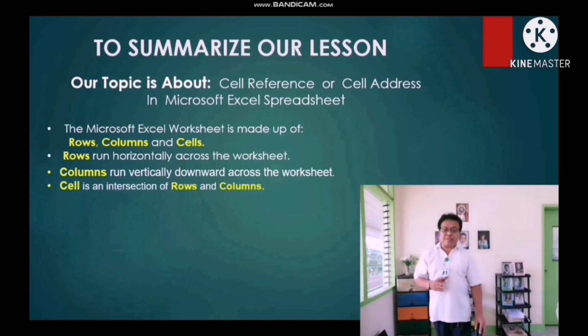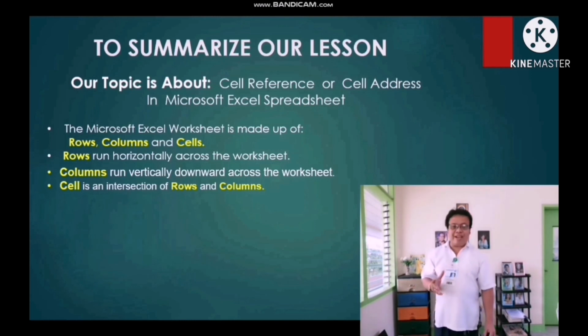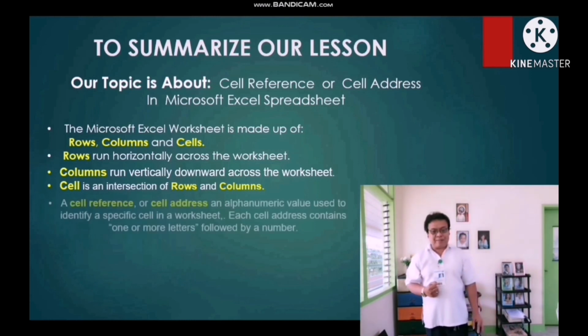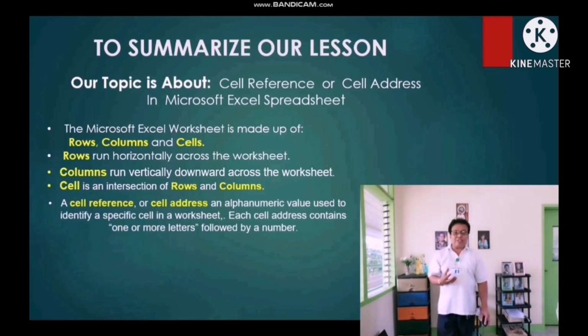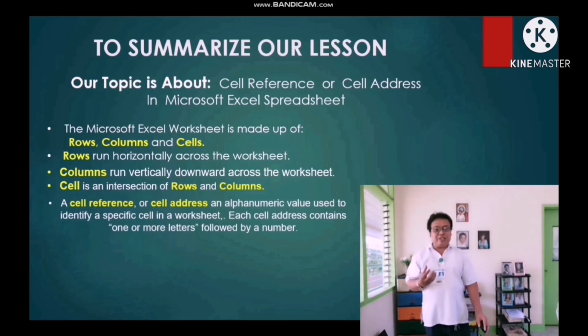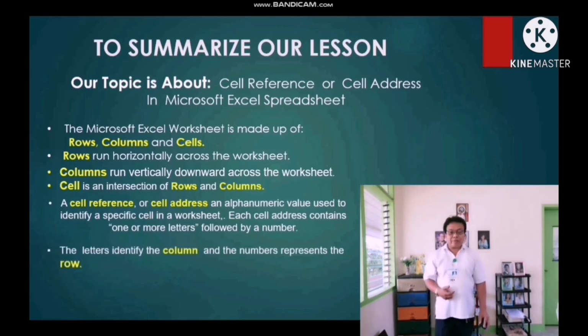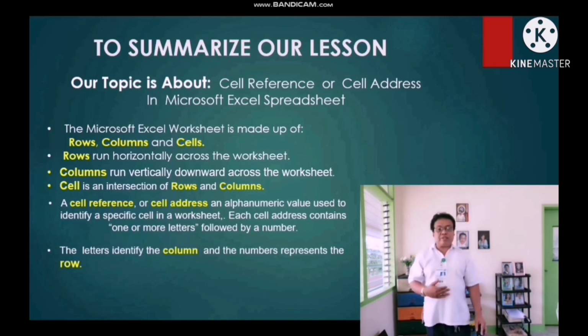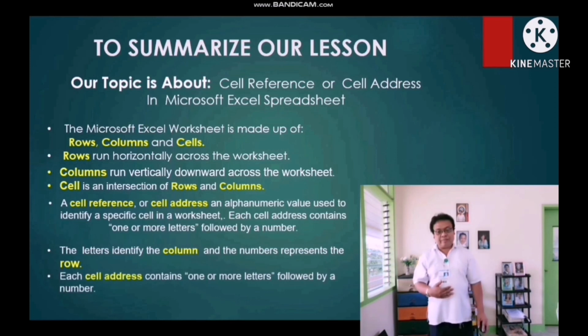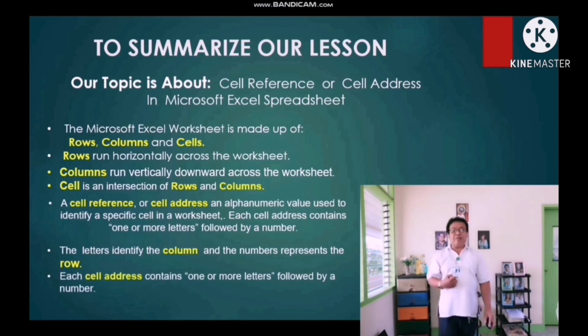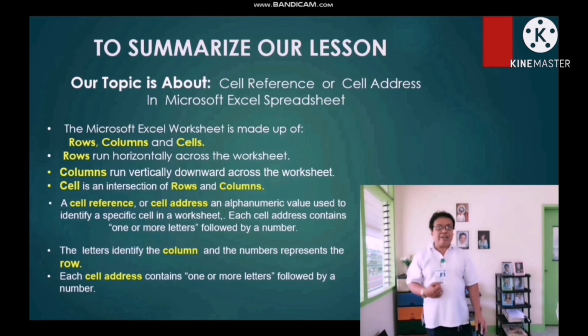Cell is an intersection of rows and columns. A cell reference or cell address is an alphanumeric value used to identify a specific cell in a worksheet. Each cell address contains one or more letters followed by a number. The letters identify the column and the numbers represents the row.